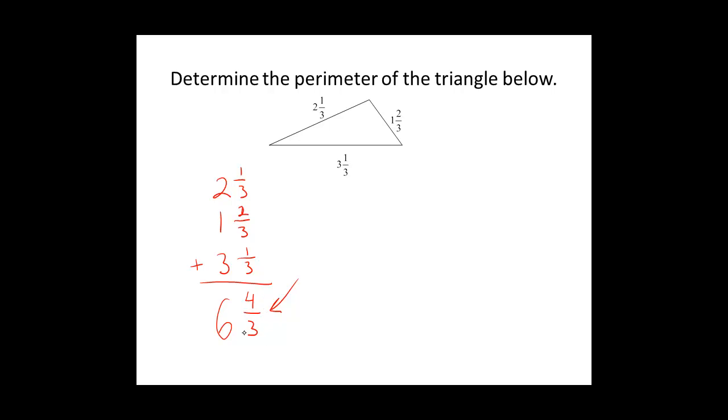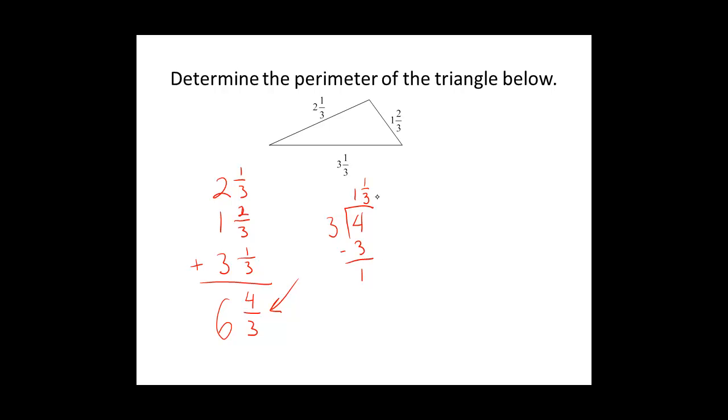So there's actually a whole number inside this improper fraction that we need to get out and put with our whole number. So we'll put our top number inside the division sign and change this into a mixed number. When we subtract, we get 1.